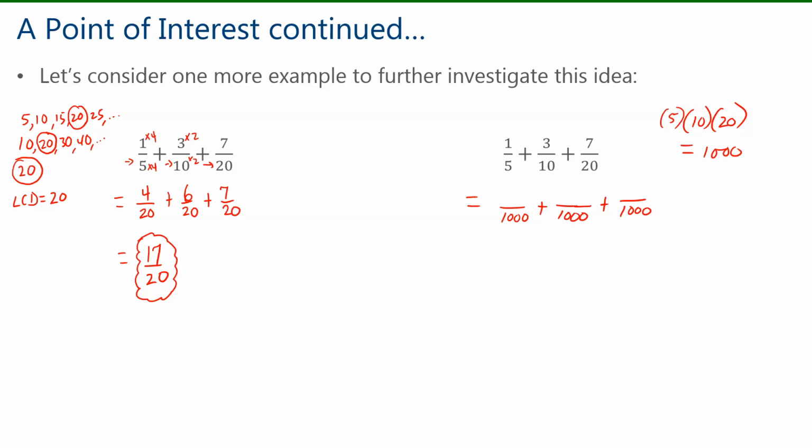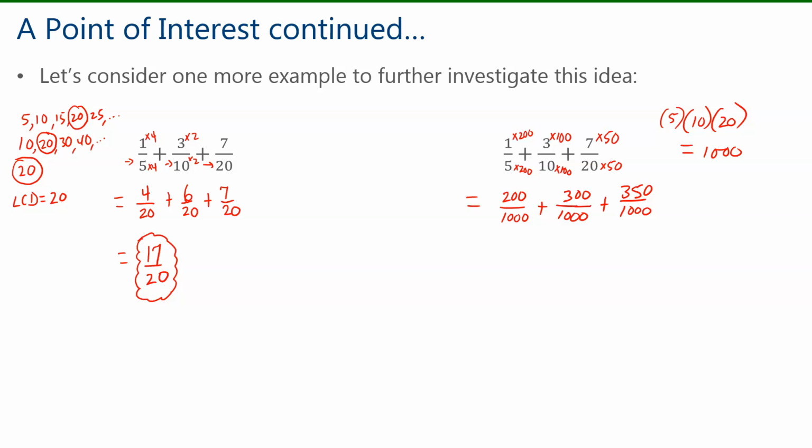So an equivalent fraction for 1/5. Well, 5 times 200 is 1,000. So 1 times 200 is 200. 10 times 100 is 1,000. 3 times 100, 300. 20 times 50 is 1,000. 7 times 50 is 350.